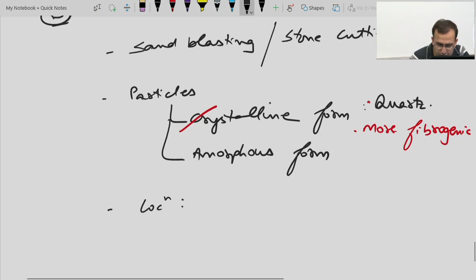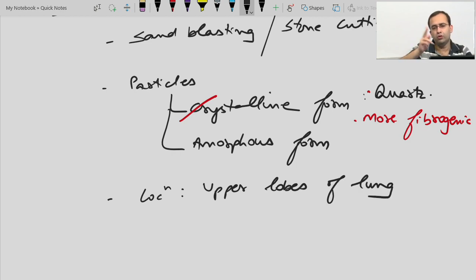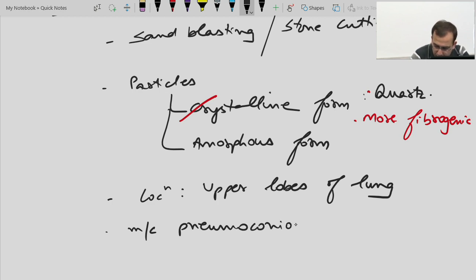It is associated with involvement of the upper lobes of the lung again. So both coal workers pneumoconiosis and silicosis involve the upper lobes. Last point, silicosis is the most common pneumoconiosis in the world.